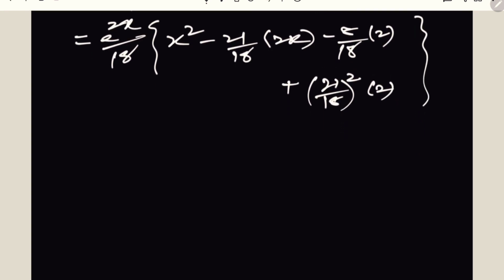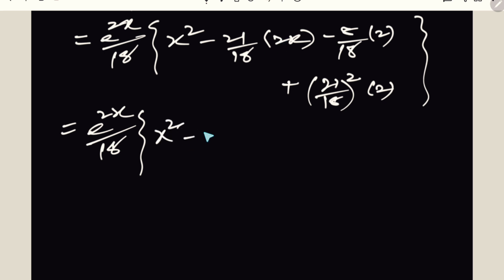Further simplification, e raised to 2x by 18, no change. X square we keep as it is. Dividing by 2, we get minus 21 by 9 times x.